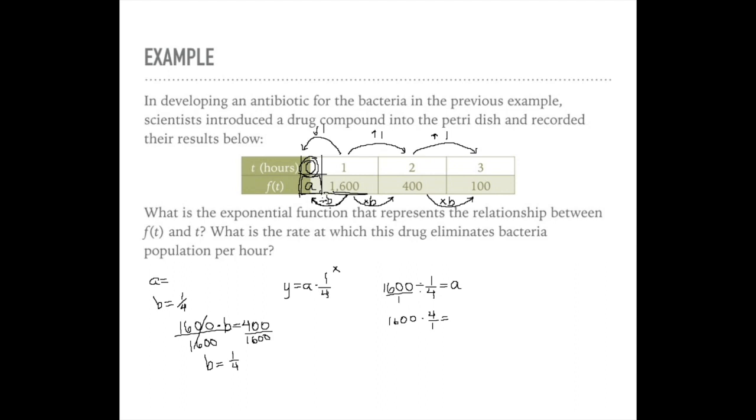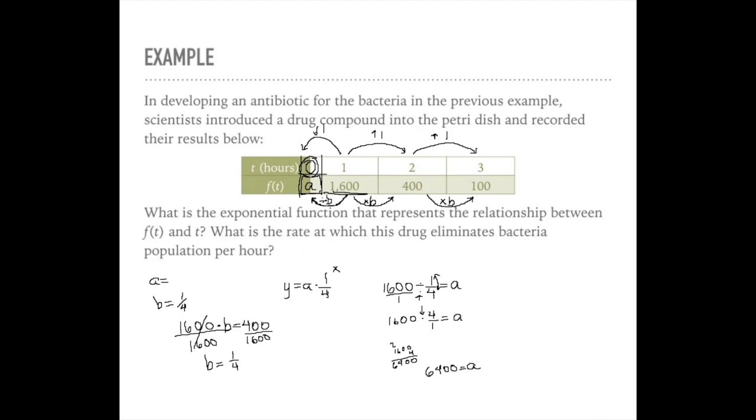We keep the first one, change this to multiplication, and flip this 1 over 4 to become 4 over 1. So 1600 times 4 means 6,400.